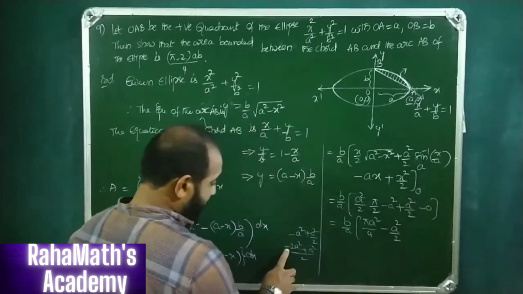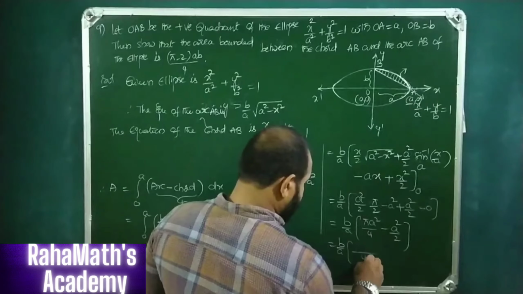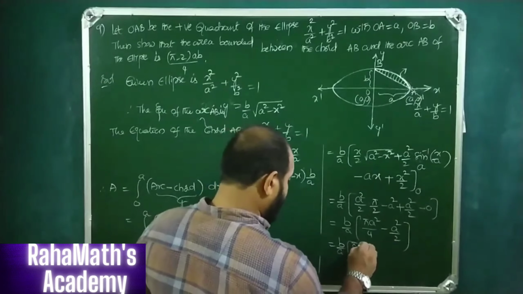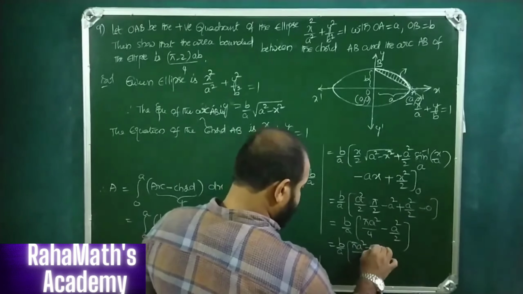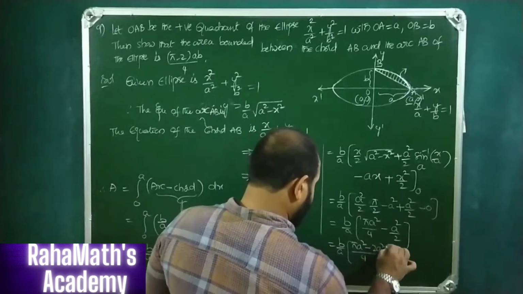Minus 2a square plus a square is minus a square by 2. So that implies b by a into, take 4 as an LCM. This is pi a square minus 2a square.